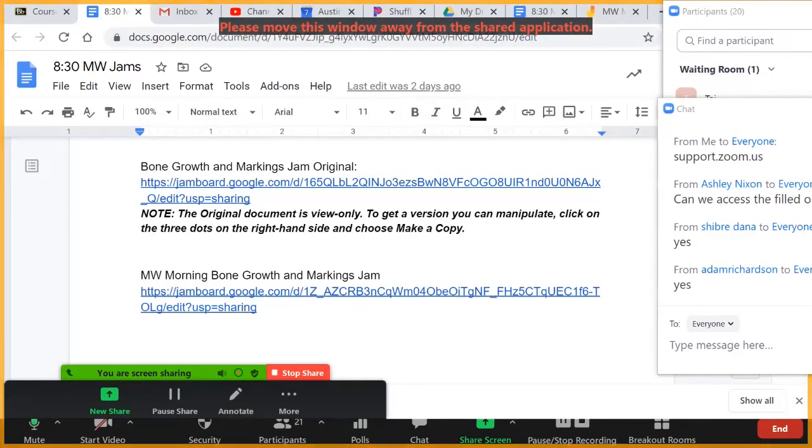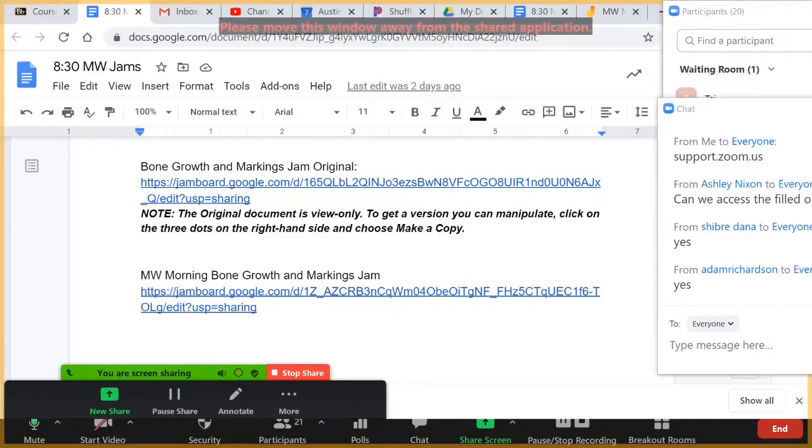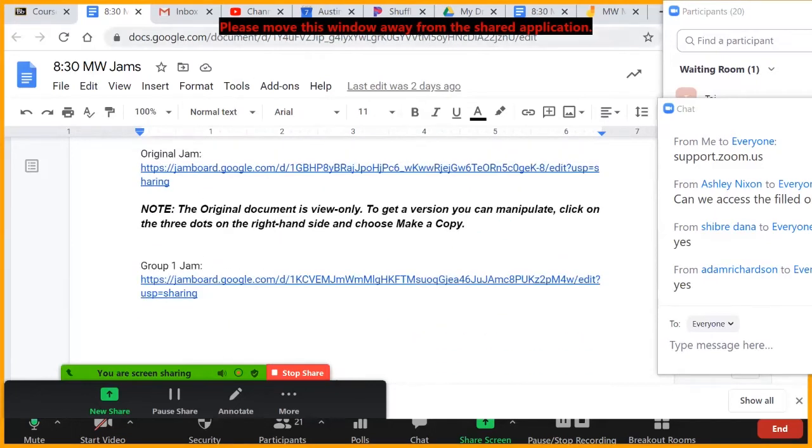If you want a blank copy, you can open that and make a copy of it, as it says here, and then that'll give you your own copy to play with. Or if you want one that's already been filled out, like the one we did today, you can just open your own jam for your class right here. So the link is right there. And as we do some more today, I'll continue to add those there. So that's a great resource for you guys if you want to just remember that that's there.